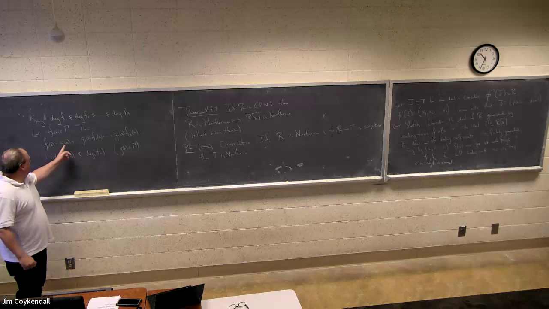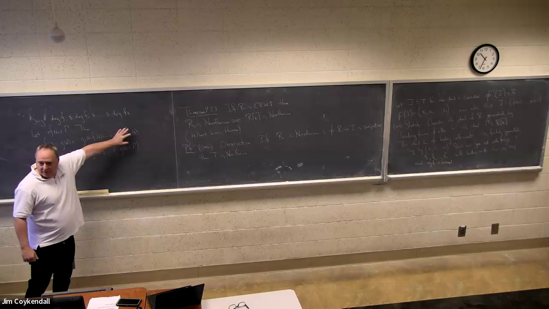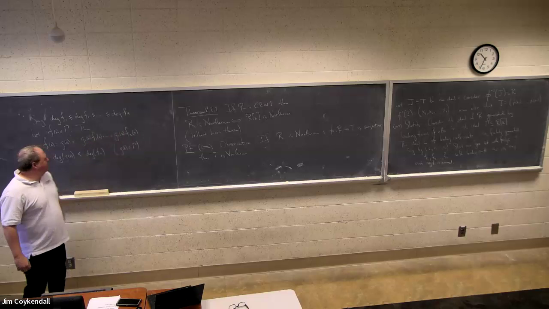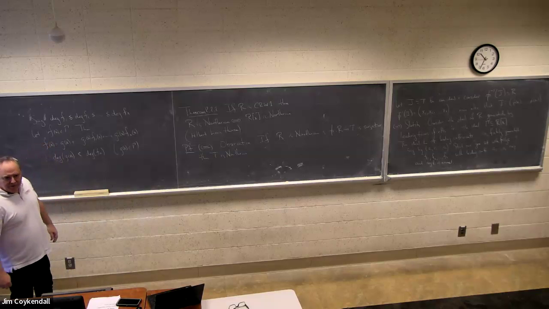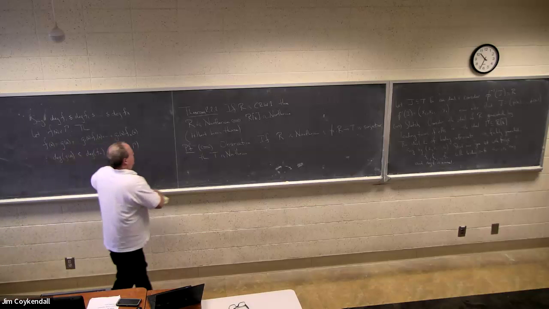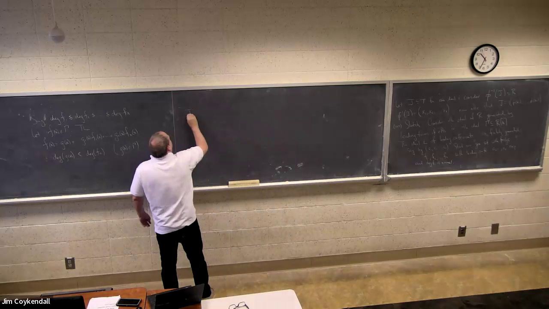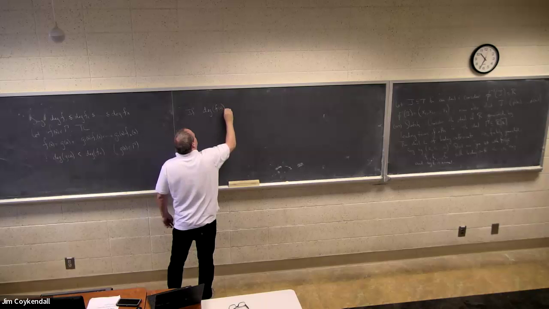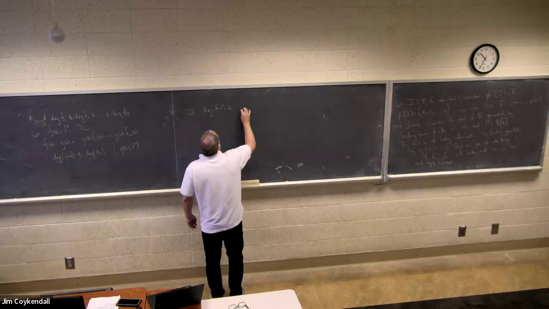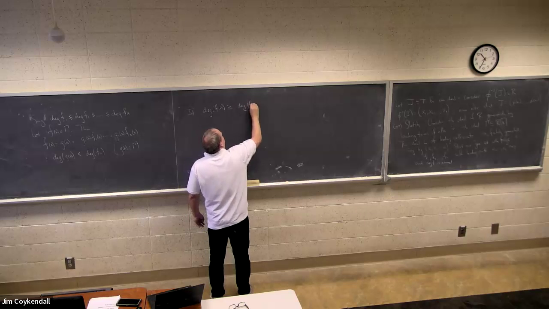Why is this true? Well, if g of x is of degree less than fn of x, this is certainly true because I can just let the rest be 0, and I'm satisfied. What if the degree of f of x is greater than or equal to the degree of fn?